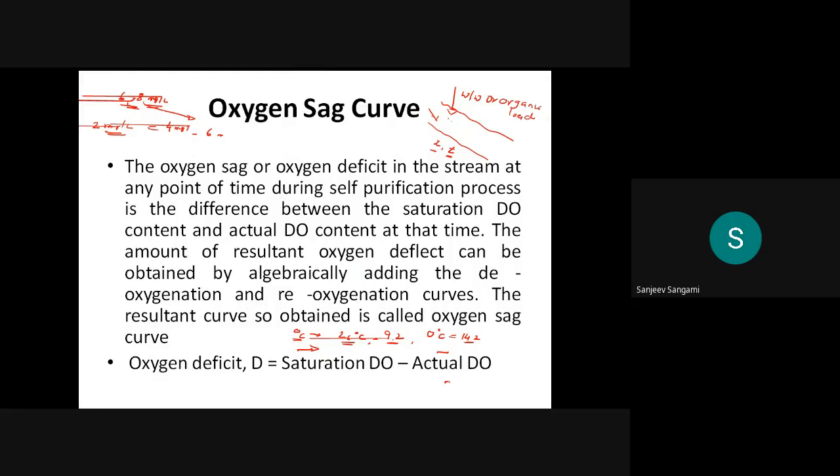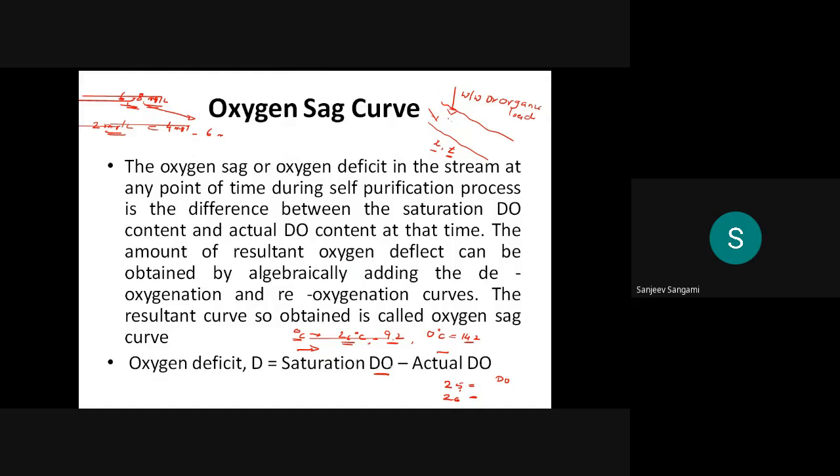For example, at 25 degree centigrade, what will be the DO? The table is there. Maximum you are going to get that much dissolved oxygen at that temperature, which you can call saturation DO. Don't be under the impression that it will always be at 0 degrees centigrade. It depends on the temperature.